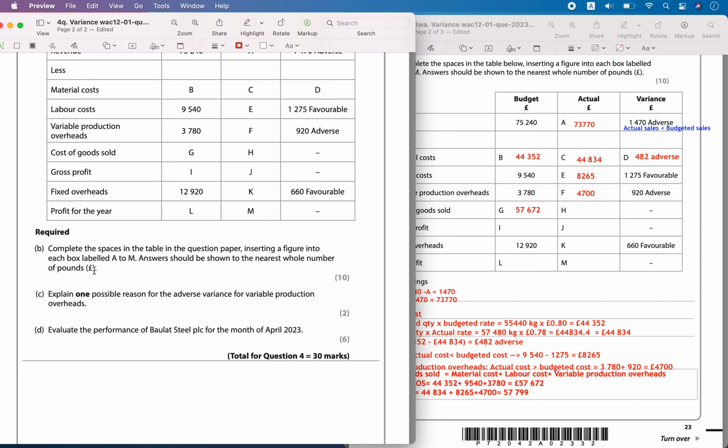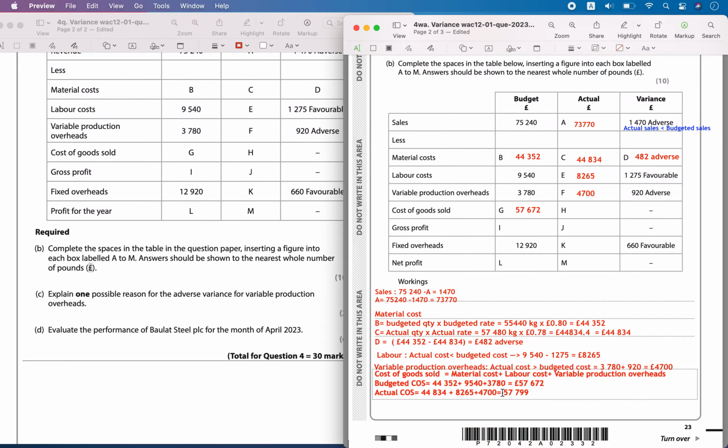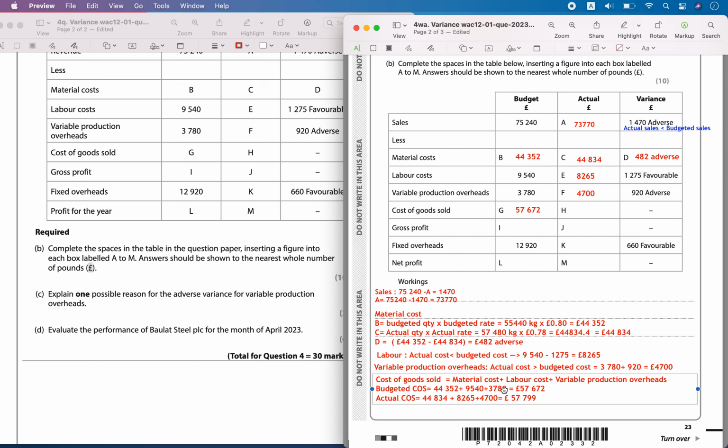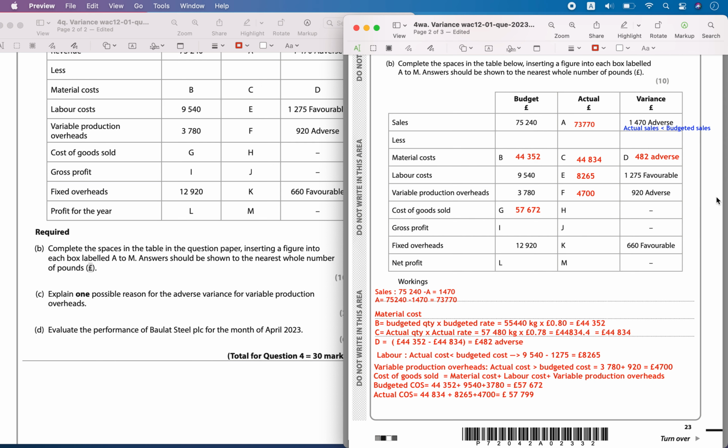Okay, 57,799 pounds. Then they want us to calculate the gross profit.